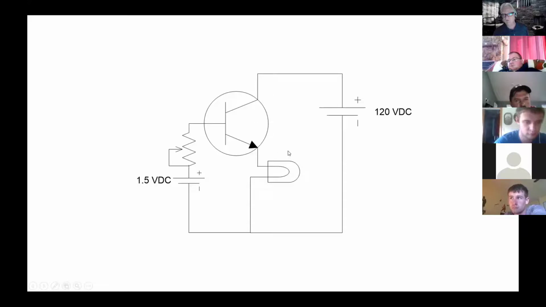It's just that there's so much more current here going to the load than what's actually happening here. This is the basic principle of amplification. I can take a small signal here that I'm creating, in this case manually, by moving a knob, we'll say, up and down, and get a corresponding change that follows my movements, but at a much greater level. That's the principle of amplification.